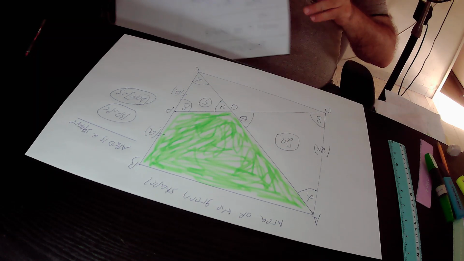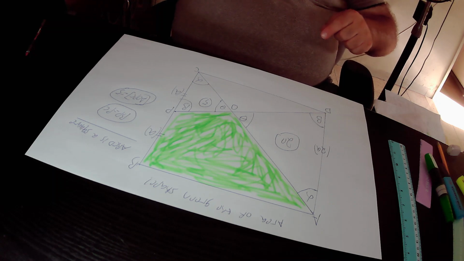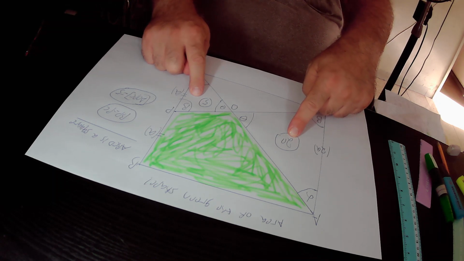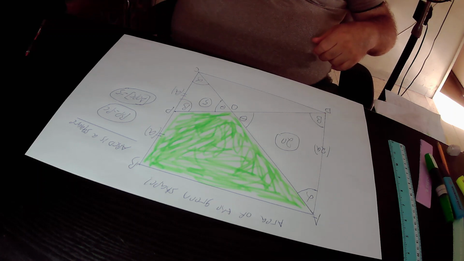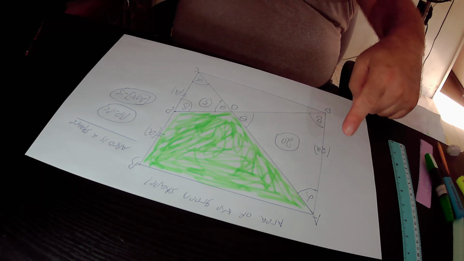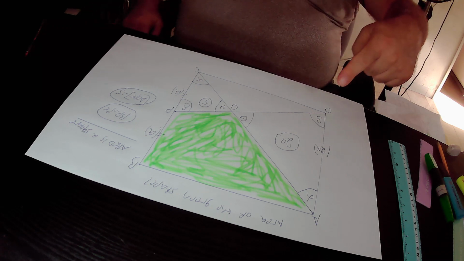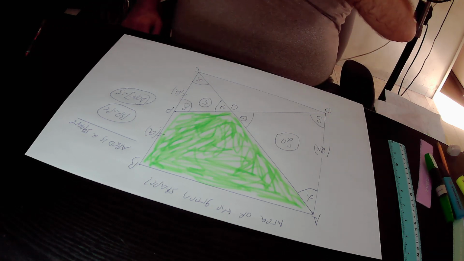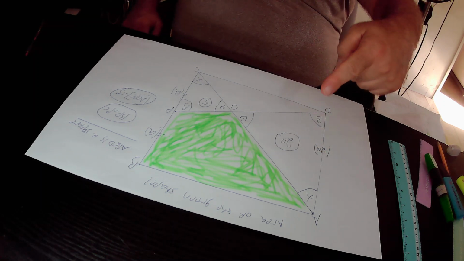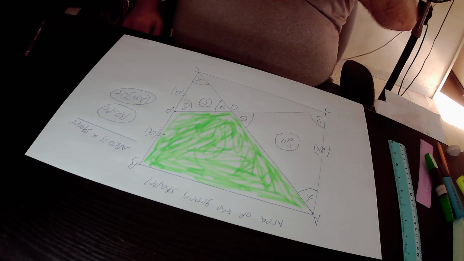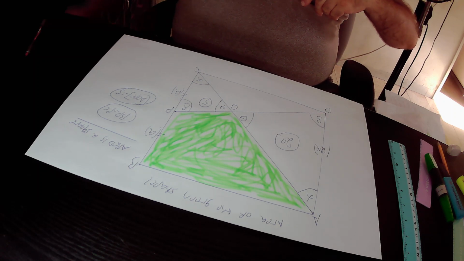Because those two triangles are similar to each other, the following relationship exists between their sides. Side AD of triangle ADO over side PC of triangle POC is equal to side AO of triangle ADO over side OC of triangle OPC. So I write it down.